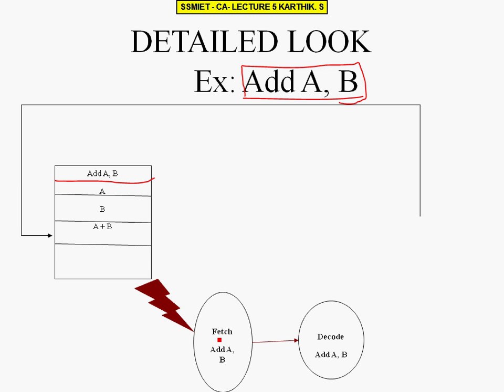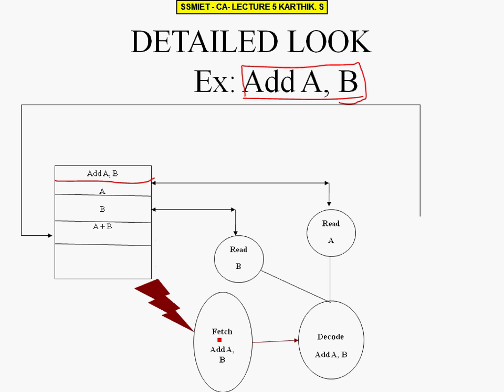After decoding, it comes to know it has to add two numbers a and b, and these two numbers are available in the memory. So again it needs to access the memory to take a and b and to perform a plus b. So after decoding, it reads the data a from the memory, and it reads the data b from the memory.